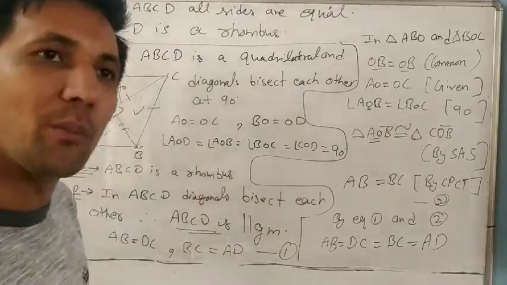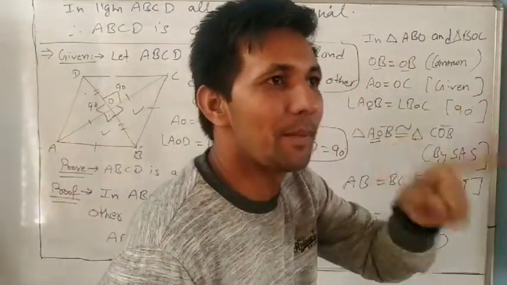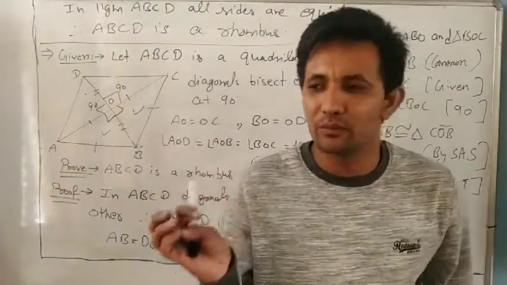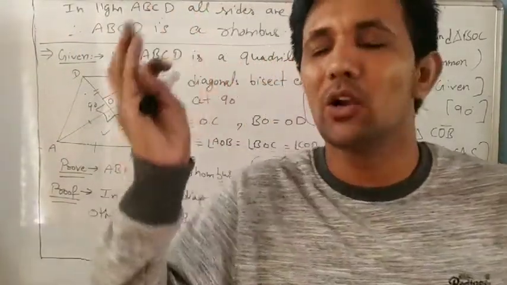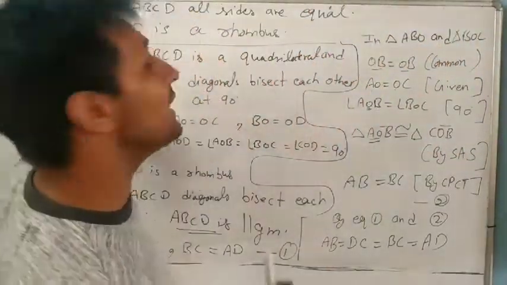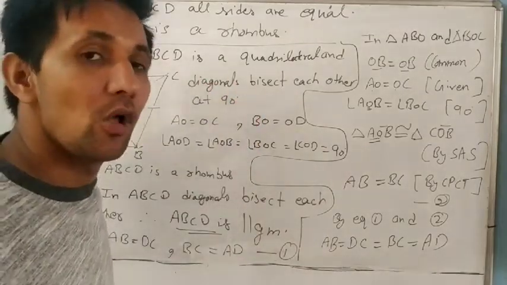If you want to prove rhombus, we know every rhombus is always a parallelogram. Always, in every question, if you want to prove rectangle, square, or rhombus, and any quadrilateral is given, first we will prove that it is a parallelogram.